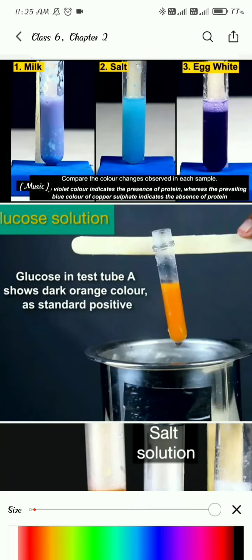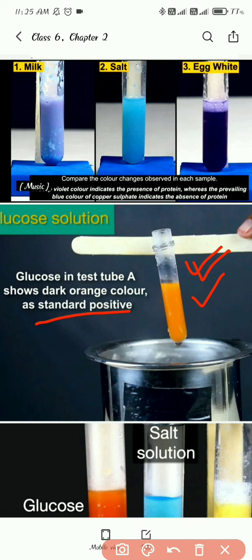Can you see the picture? Here the glucose solution is being heated. So glucose in the test tube shows dark orange color as standard positive. That means the color change into orange shows the presence of sugar in the glucose solution.